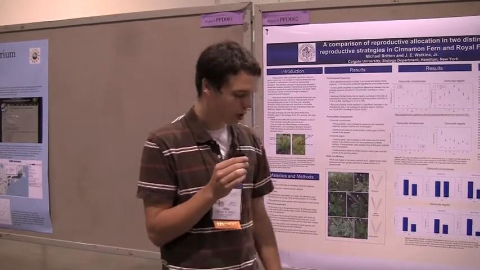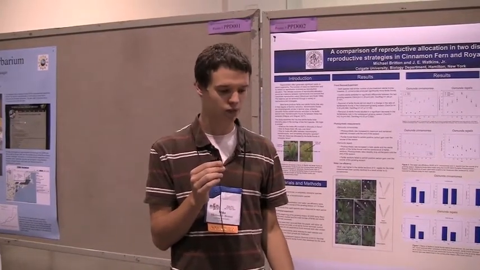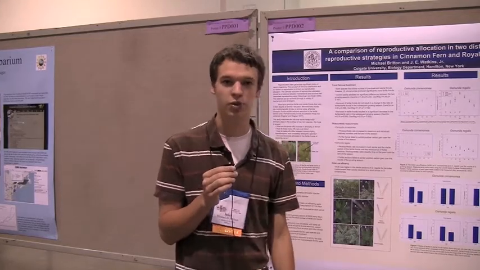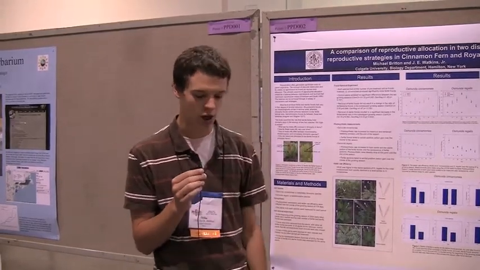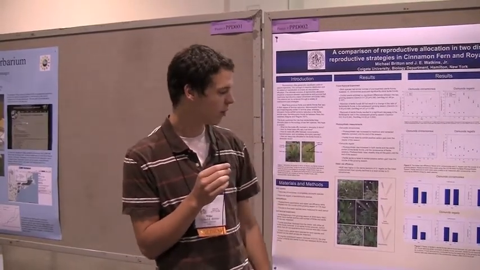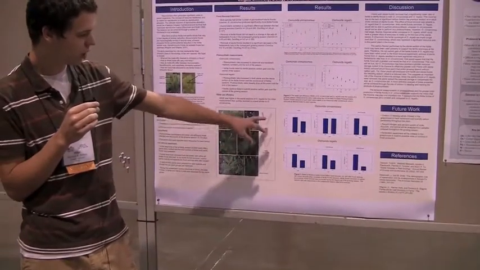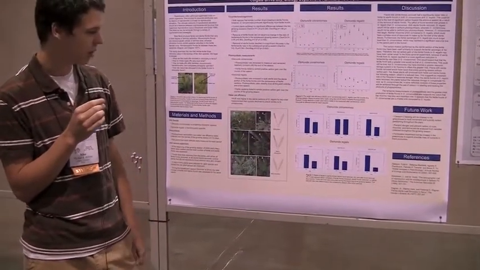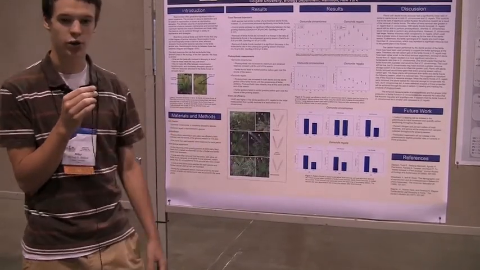And future work that we are going to do on the system is we're going to look at percent carbon, percent nitrogen over the course of the season to see exactly how that relationship is changing over the season. And one thing I'm very excited to do is we're going to do a carbon-13 labeling experiment where with cinnamon fern we are going to label the sterile frond with a bag of labeled CO2 and be able to track where it goes through the plant.